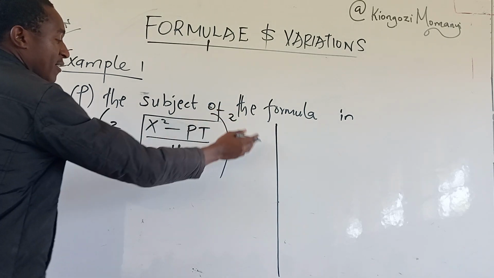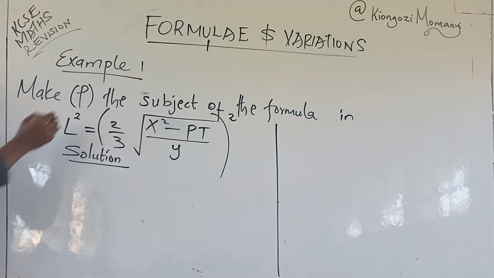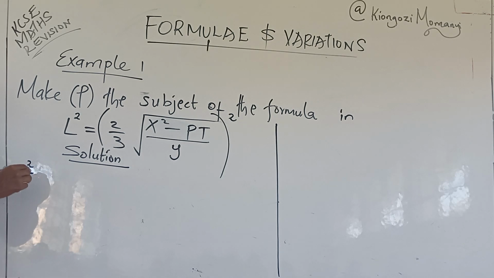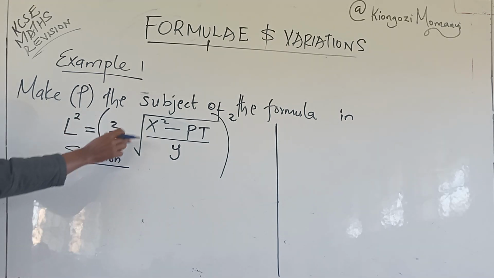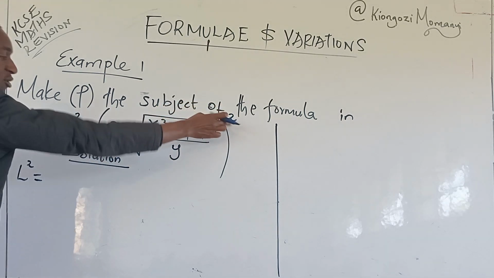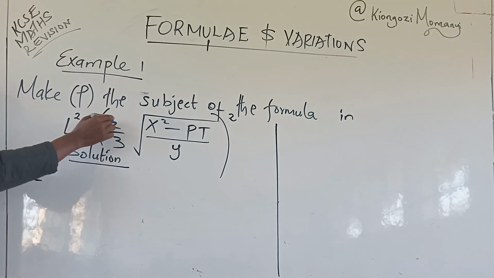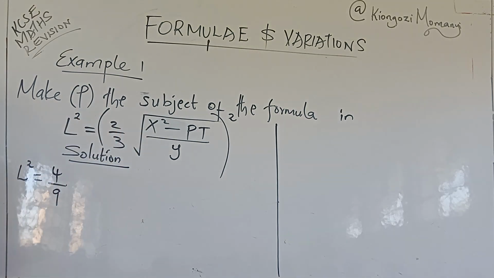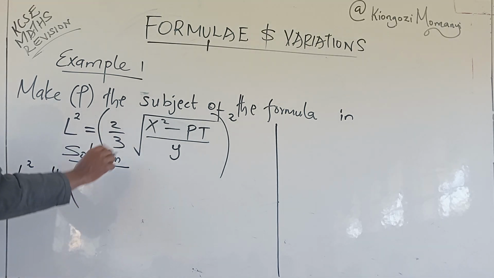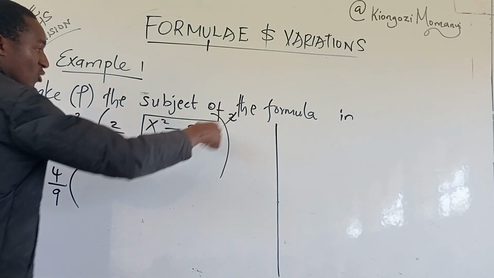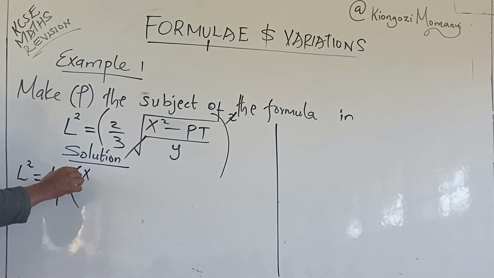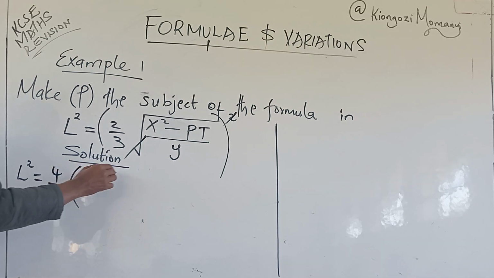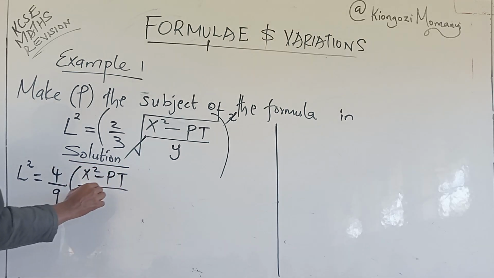We square all the factors here and of course the other side. So we have L squared is equals to, this one is squared and this one cancels with the square root. So 2 squared is 4, 3 squared is 9. Then the square root cancels with the square. So you have x squared minus pt over y.